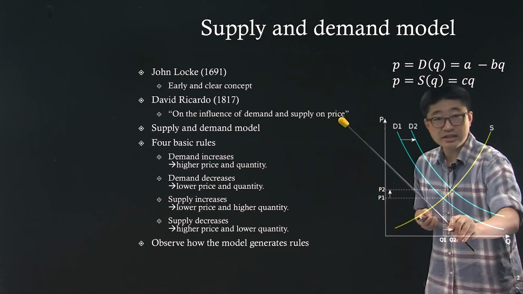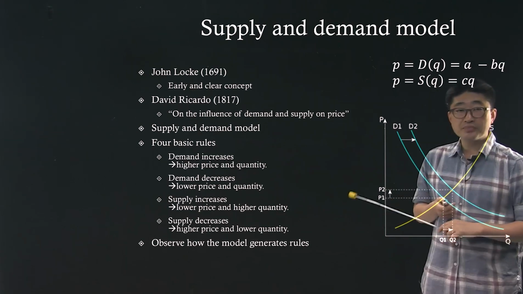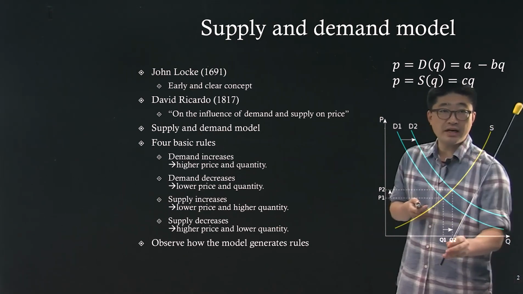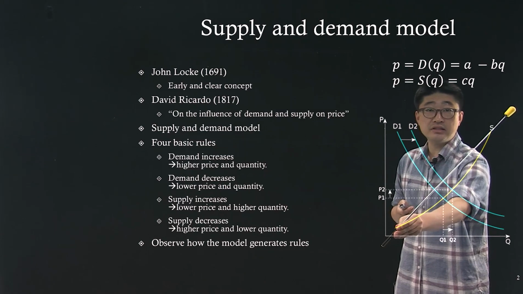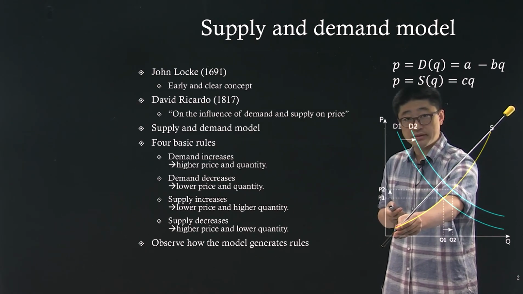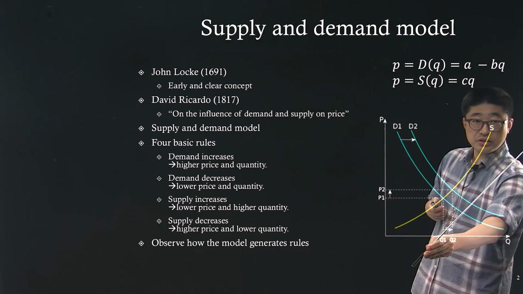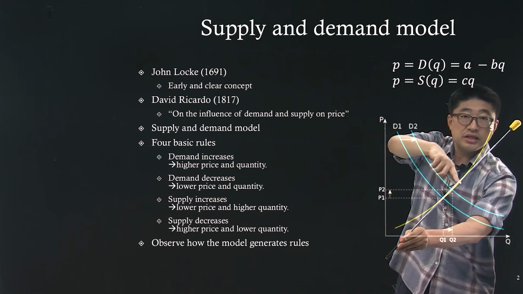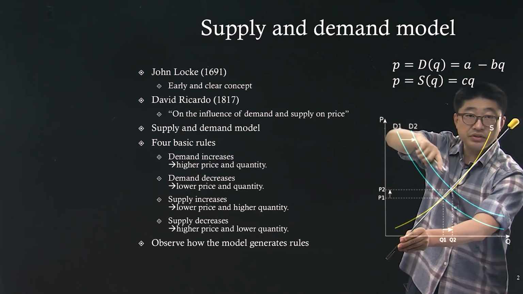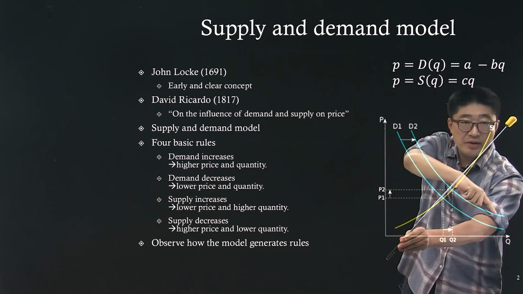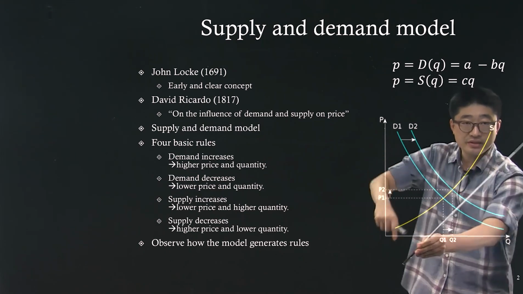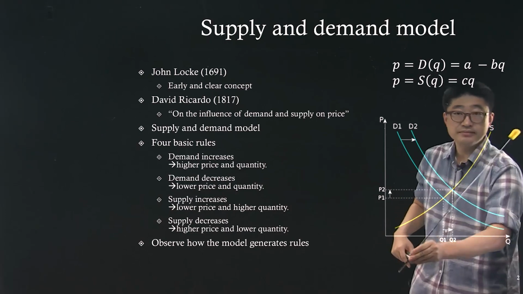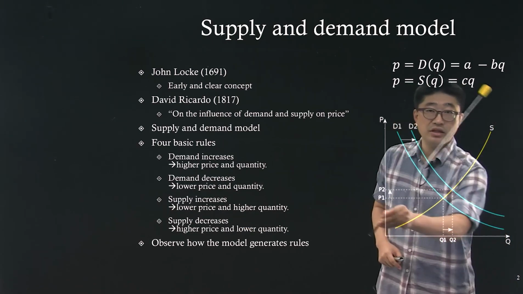As demand decreases, the other way around. And when supply increases in terms of the quantity, it will go in this way. What does this mean? Quantity is going up and price is going down, right? Like in this direction. And when supply decreases, the other way around.